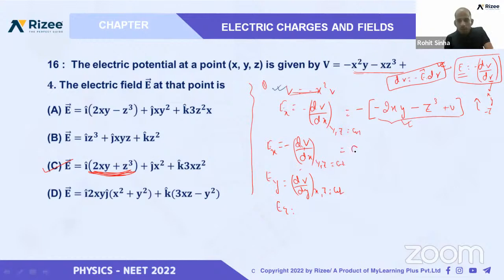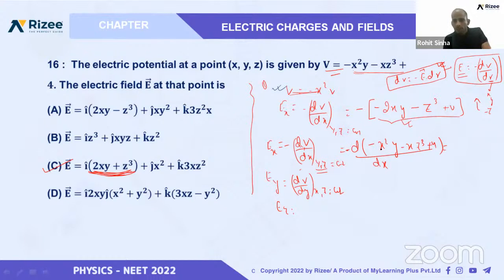Now, what we did? We have to differentiate V. V is given here, you can see: x square y minus xz cube plus 4. Differentiate this, but assume that y and z are constant. It is just a question of differentiation, and there is a minus sign outside also.